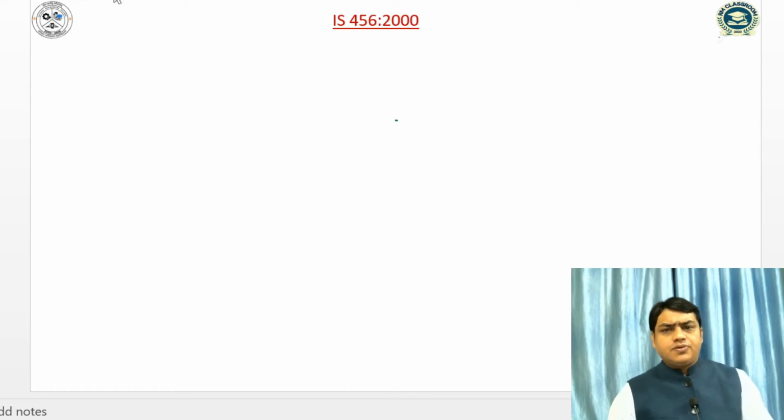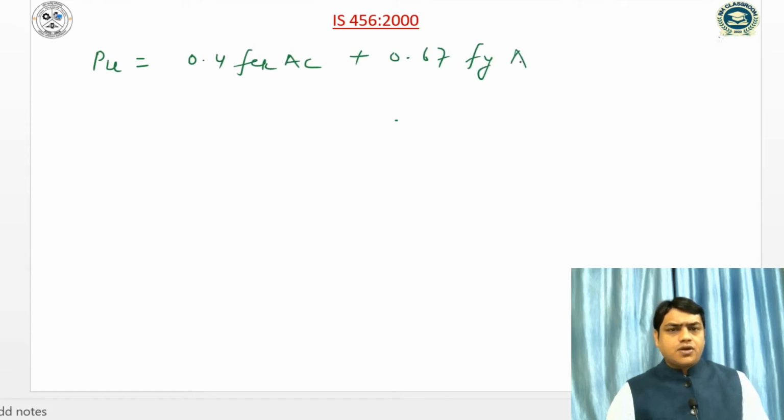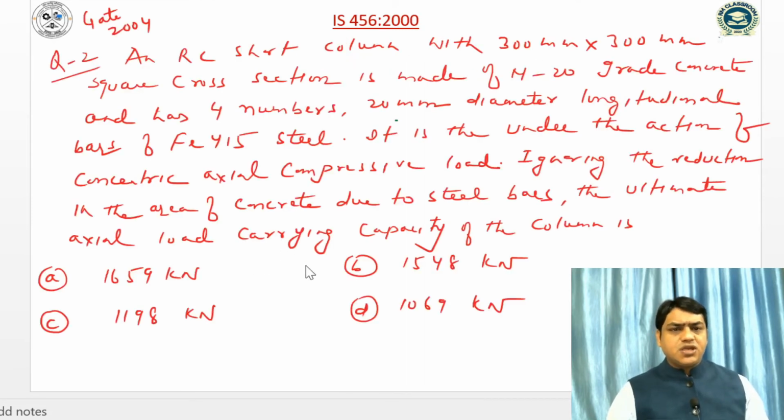So here Pu is equal to 0.4 fck Ac plus 0.67 fy into Asc, because here I am assuming that e minimum is less than 0.05 B or D, because e minimum cannot be computed as length is not given.